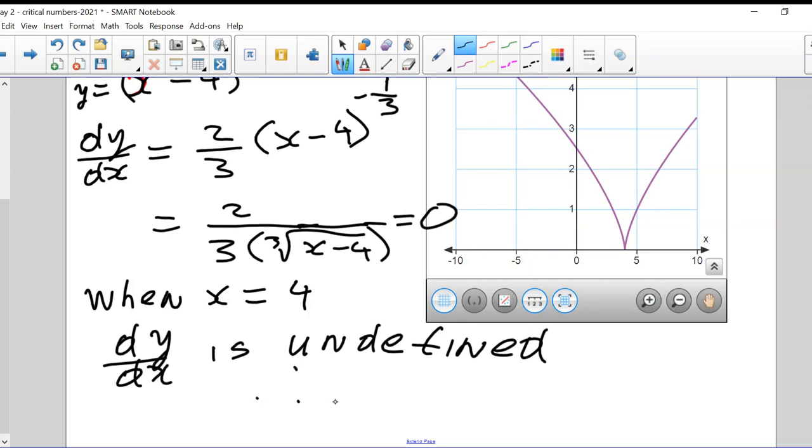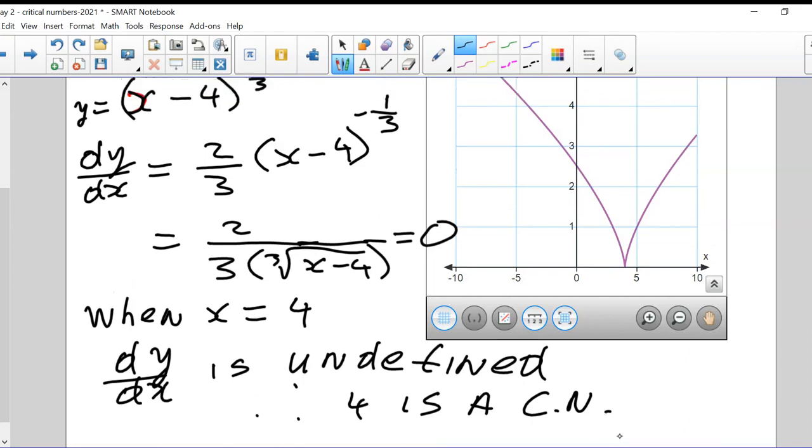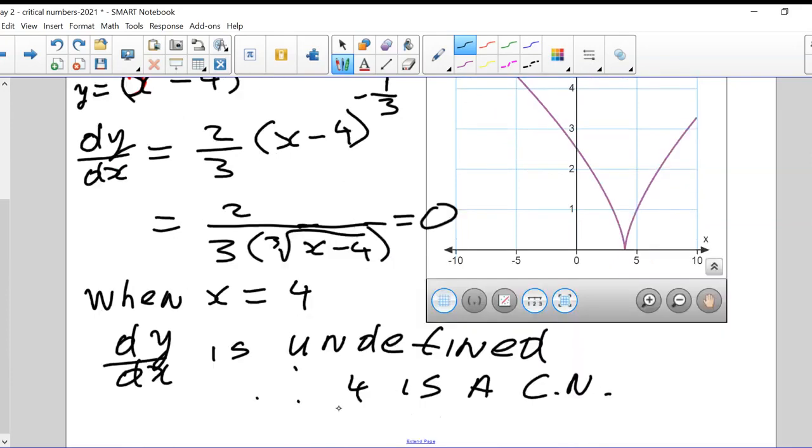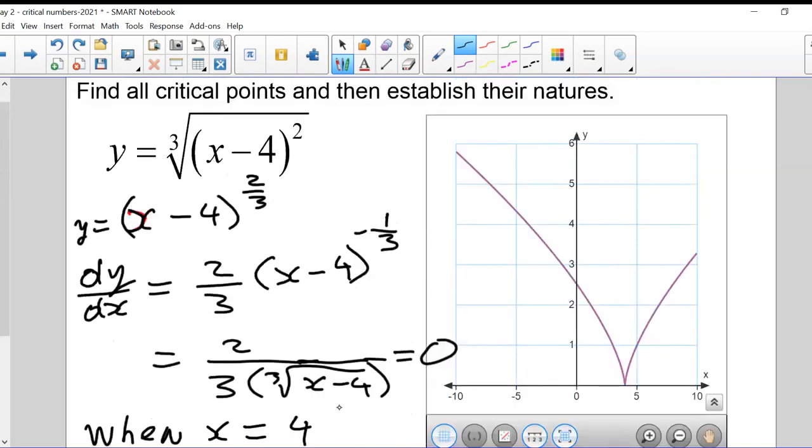And what that means is that 4 is a critical number. And by the way, let me just tell you why. Because it's undefined. It does not exist. The dy dx does not exist when x is equal to 4. Right? So 4 is a critical number.